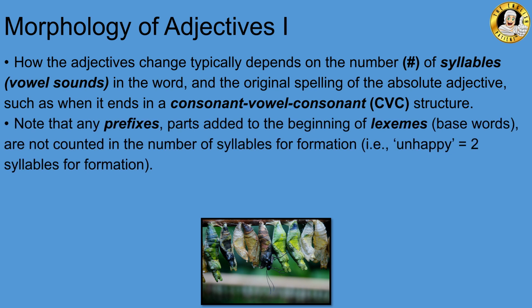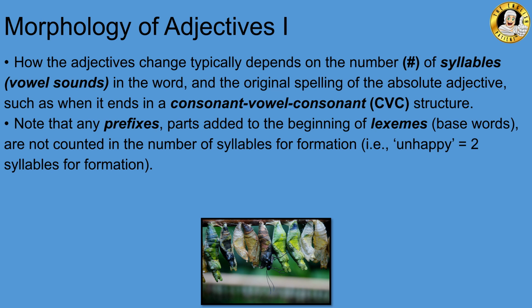Now note that any prefixes, that means things that you're putting at the beginning of a lexeme or a base word, are not counted in the number of syllables for formation. For example, unhappy is actually counted as 2 syllables in relation to its morphology.